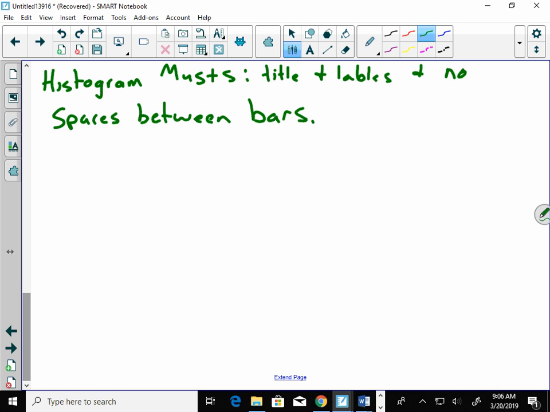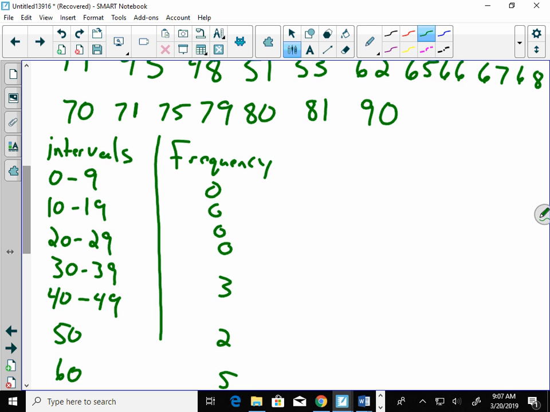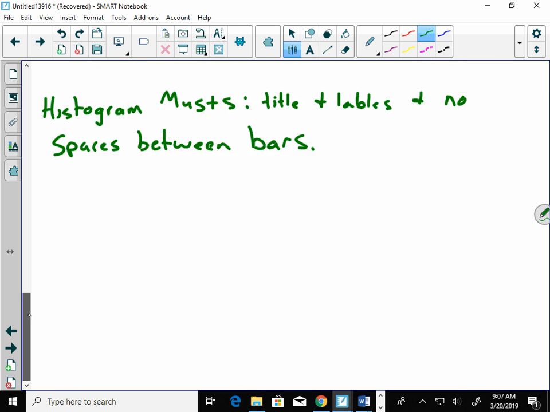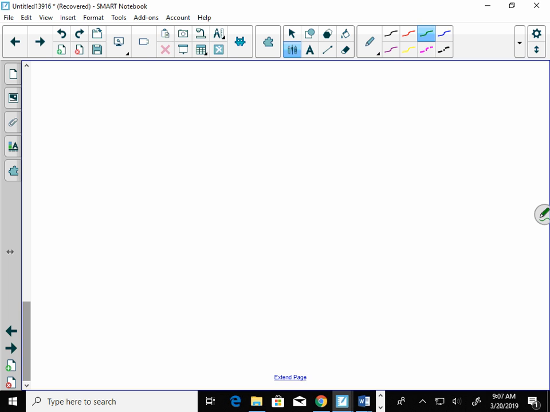So we've counted all our data. Here it is. We have our intervals and our frequency. Your intervals are always your x-axis. The frequency is always the y. Okay?